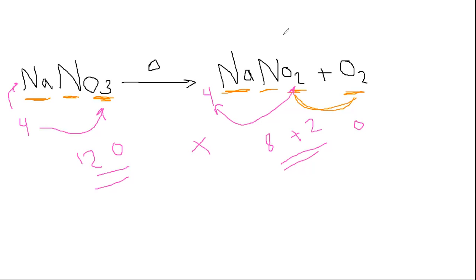Try to put 2. Okay, Mariam? Okay, 2. Instead of 4, we will write 2. So 2 sodium, 2 nitrogen, and 2 times 3 equal what? 6. Okay. This is 2. Try to write here 2. 2 times Na, 2 Na. Excellent. 2 times N equal 2.